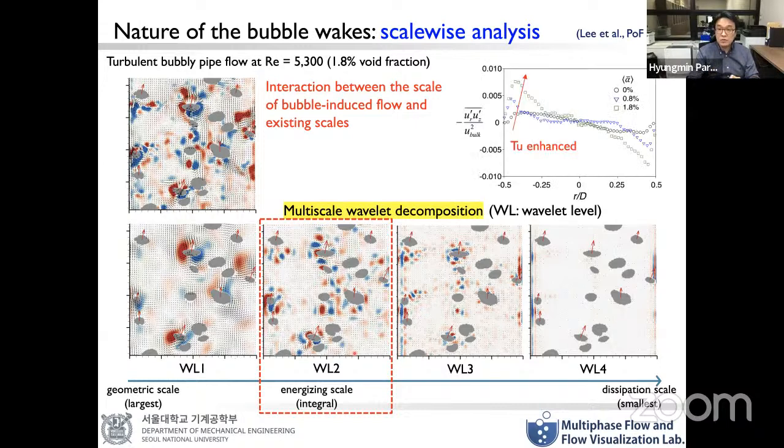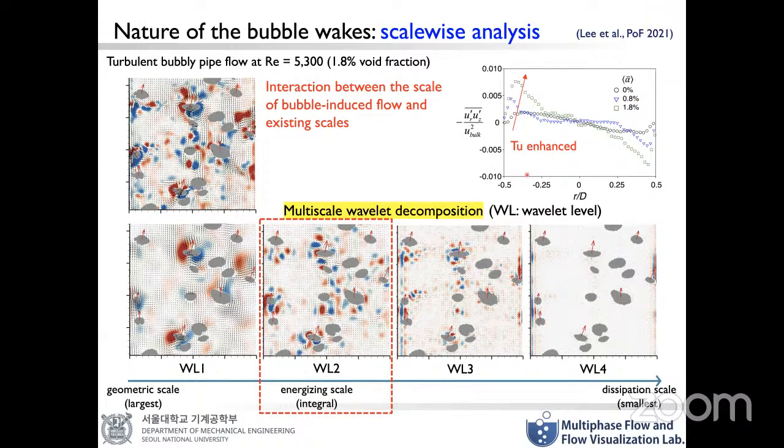As a result, when you measure the Reynolds stress for this problem, the black circles are the single-phase flow, and the green square is for the bubbly flow with this void fraction. You can see that turbulence is strongly enhanced near the wall due to these bubbles at this condition.